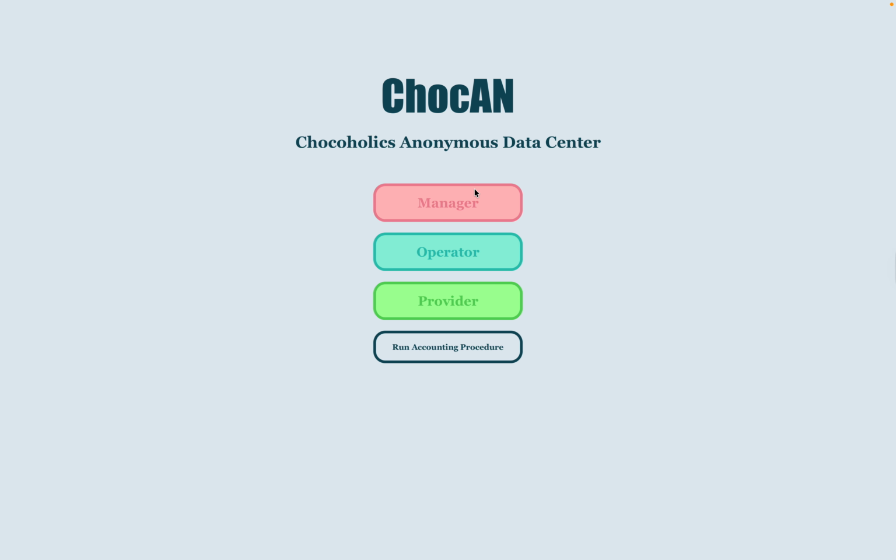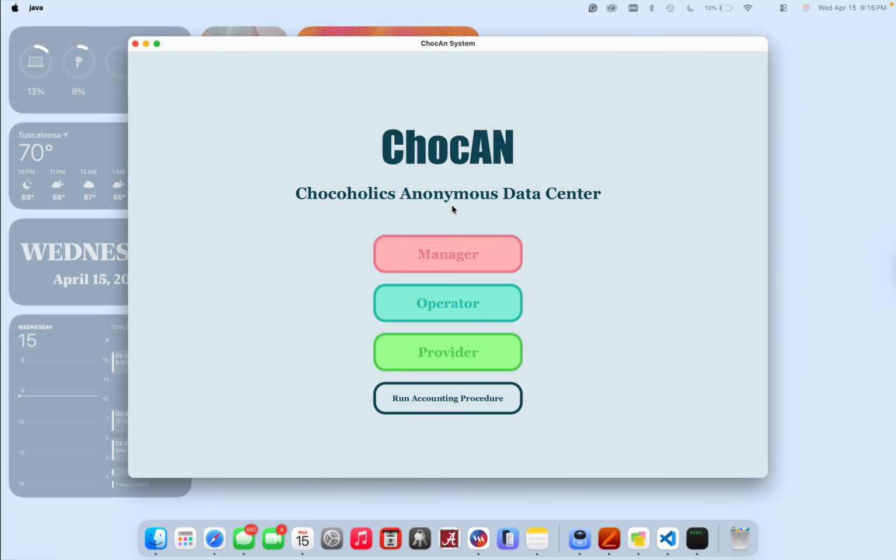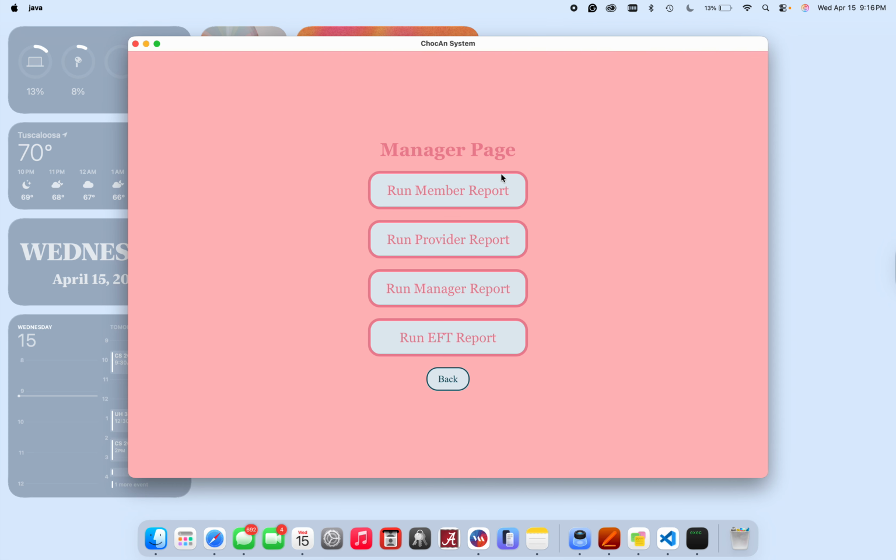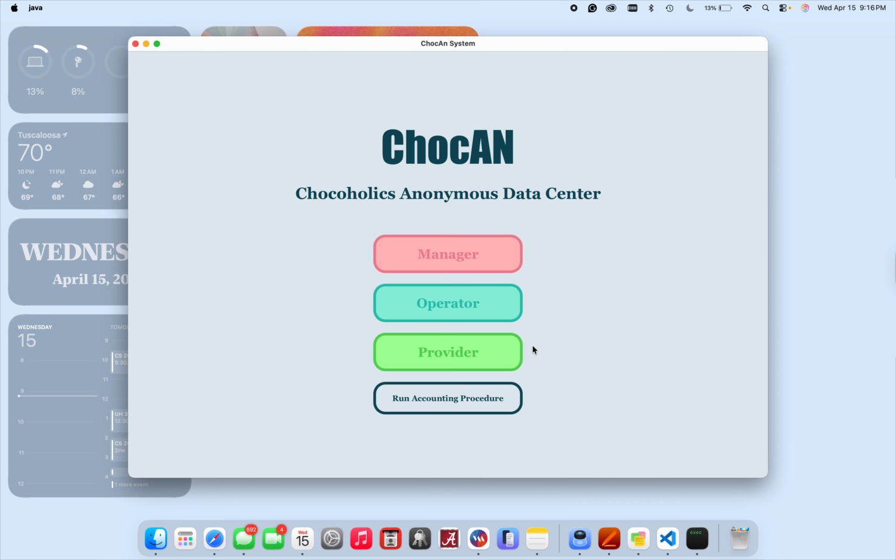I'm going to go through and we're going to see what each of these tabs means, so you get a quick idea of what's going on. First and foremost, we're going to move into manager. It looks like this. You run the member report, provider report, manager report, EFT report.